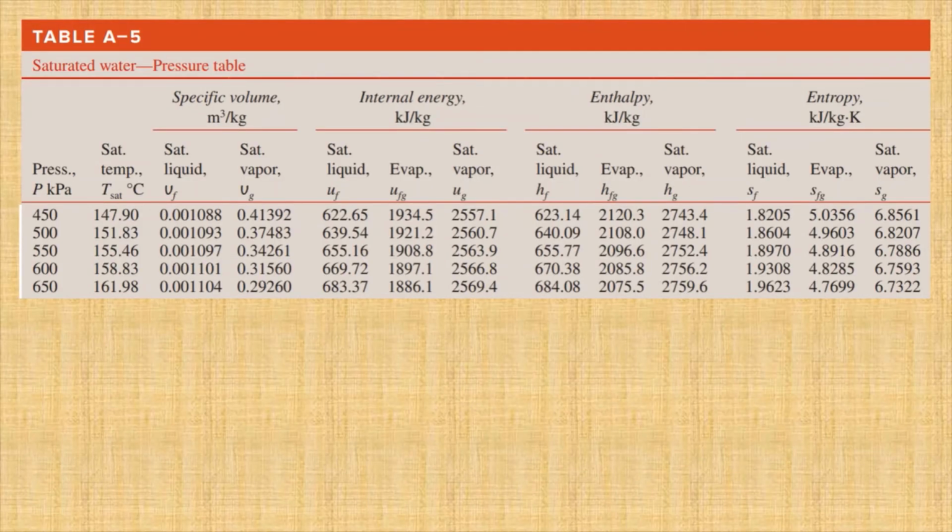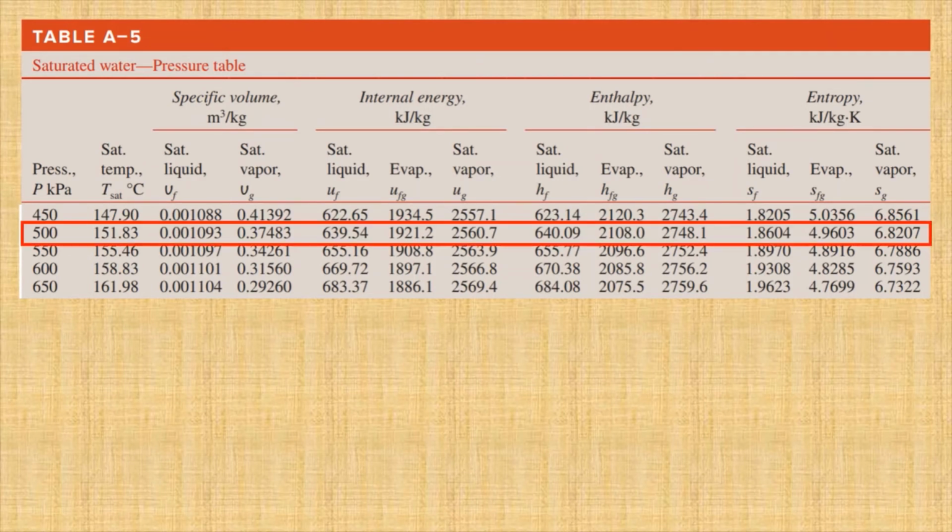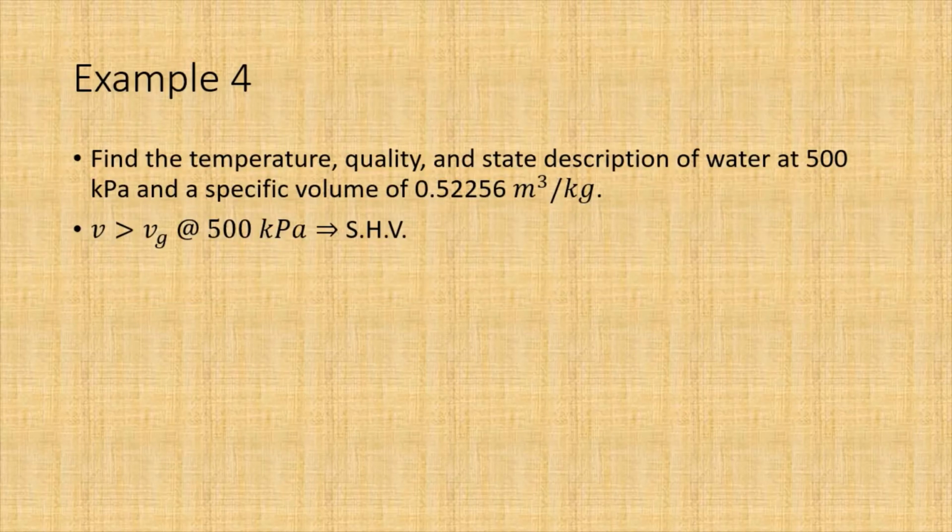We look across the row containing the given pressure of 500 kilopascals and notice that the given specific volume Vof 0.52256 meters cubed per kilogram is higher than Vg for the given pressure. This means that we have a state description of superheated vapor. Since we have a superheated vapor, the quality is not applicable.